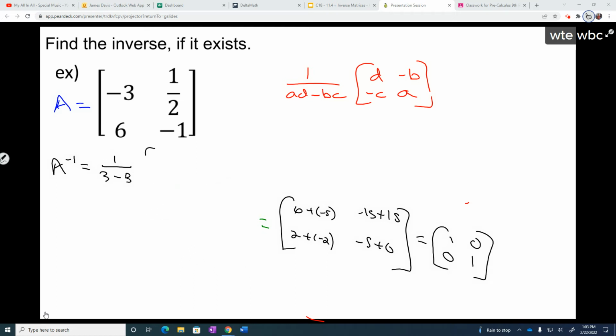And it doesn't really matter what's in here, because 1 over 3 minus 3 would be 1 over 0, which is undefined. This means the determinant doesn't exist, so there is no inverse either. So inverse does not exist, because we can't have 0 here. You would say that it's singular as a technical term, but we're going to say it does not exist. So if you were to get that, that's the case.